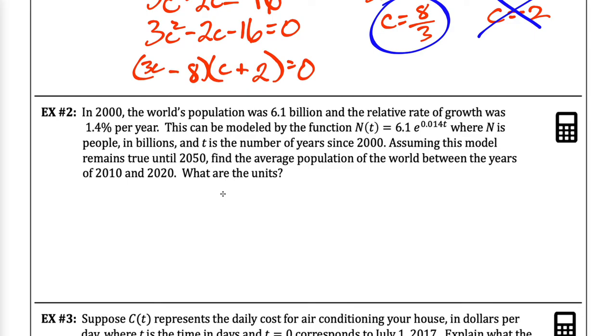Assuming this model holds true until 2050, find the average population between 2010 and 2020. Honestly, I'm not sure why we'd want that, but we can do that. I'm trying to think what would be an actual use of finding the average population. Can't think of one off the top of my head, but it doesn't matter other than us trying to do this as practice.